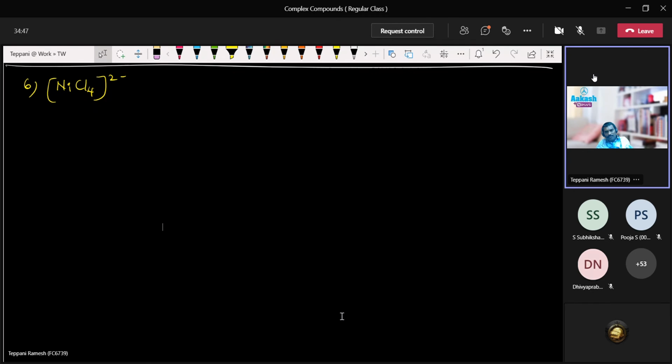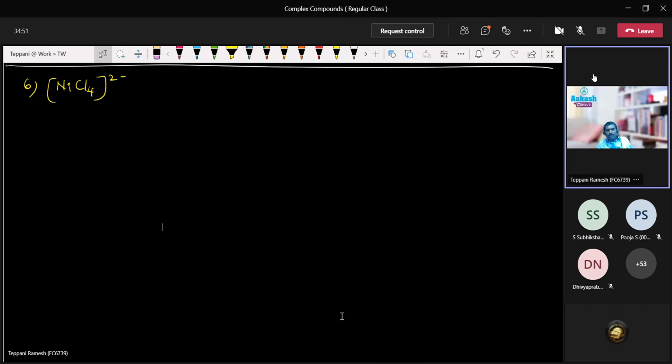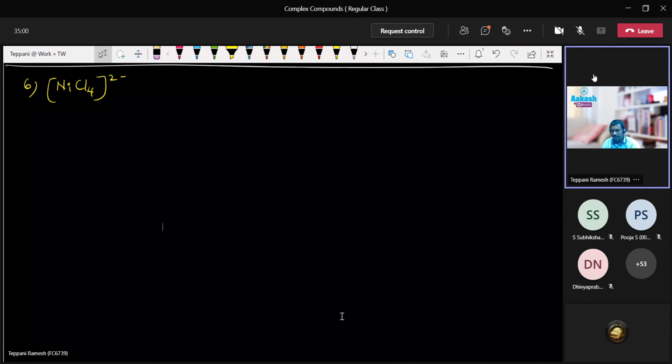The formula is square root of n into n plus 2. 2 into 2 plus 2, 2 into 4, 6. Root 6. Approximation is enough.